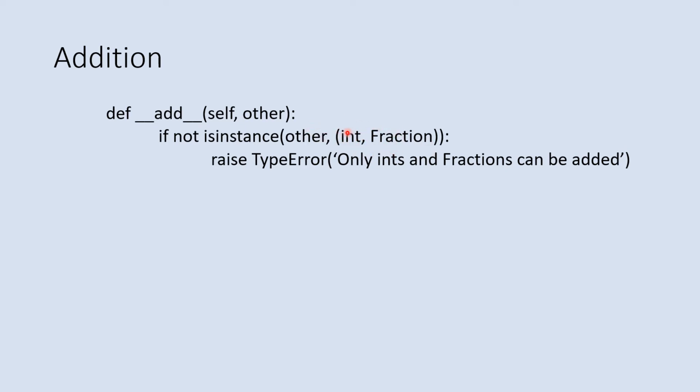Is it an int or is it a fraction? If it is an int or a fraction, then we're going to describe how to do addition. Otherwise, we will raise a type error that says we can't do that. We'll say something like only ints and fractions can be added to fractions or something.